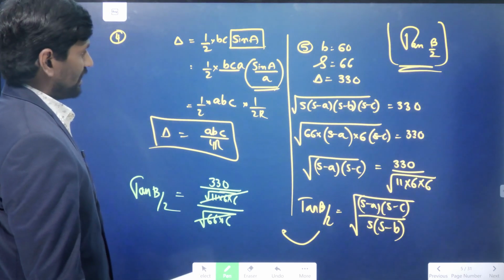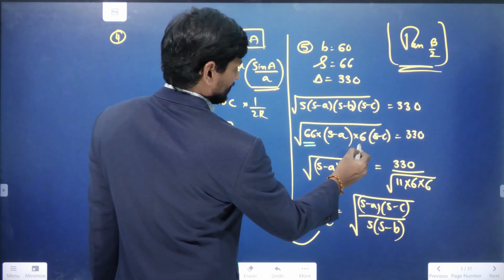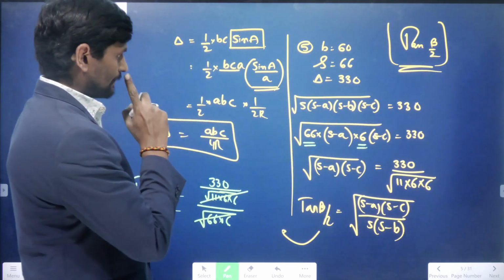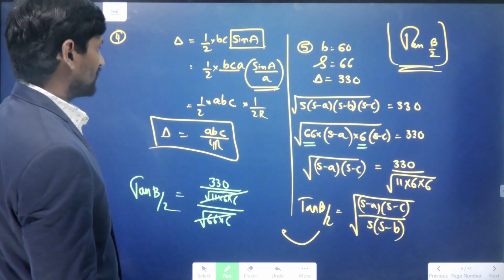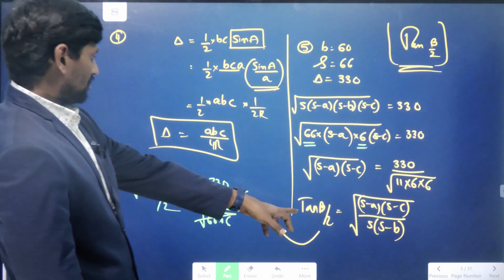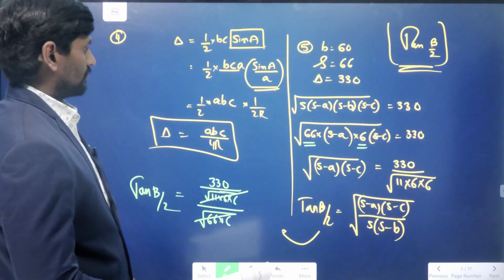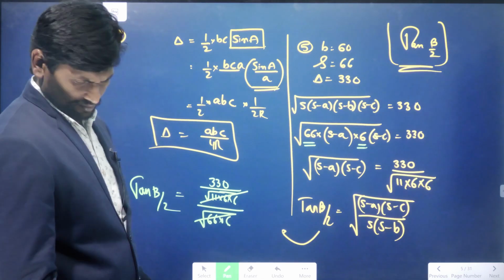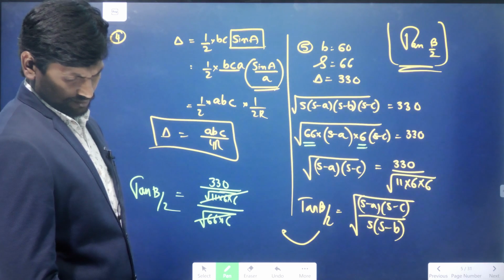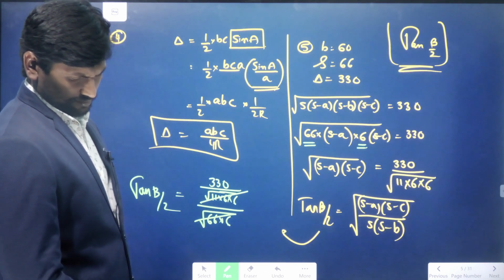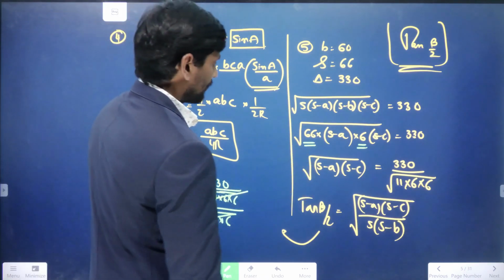S into S minus B: S value 66 and S minus B value 6. So S into S minus B value is 6 into 66. So here also we can write 6 into 66. Okay, let us try to simplify this.